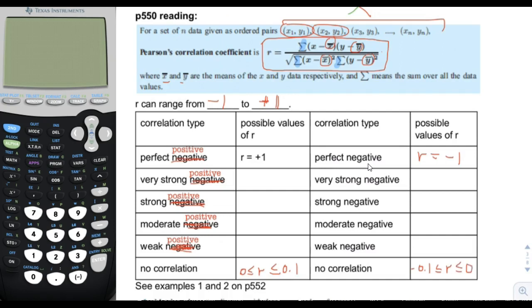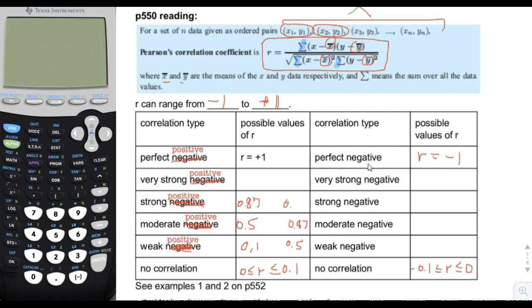And then between here, strong, moderate, weak, the book defines different ranges here. I'm just going to write them down because they're kind of arbitrary, or like, the IB course defines something. But of course, these words, strong, moderate, very strong, they are vague words. So, depending on which book you look at or which course you take, you're going to see different things here.